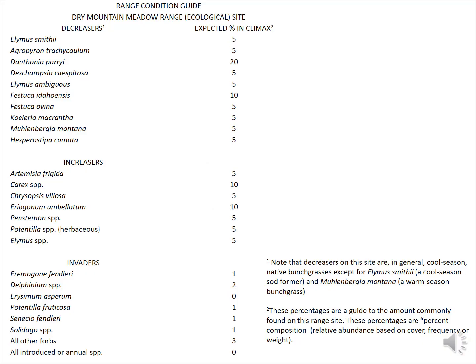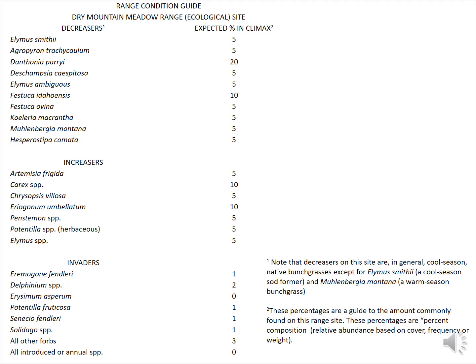Here's an example of range condition for an ecological site, a dry mountain meadow ecological site, and you can see that the percent of each species, or what we would call the percent species composition, that you would find at climax or PNC is presented here. So now let's take a look at how those percentages differ between the categories that we've just went over, so the decreasers, increasers, and invaders.